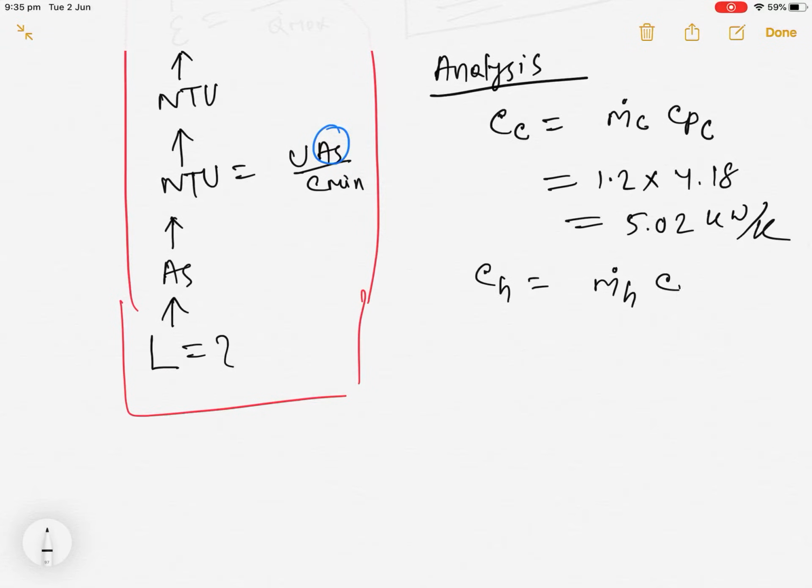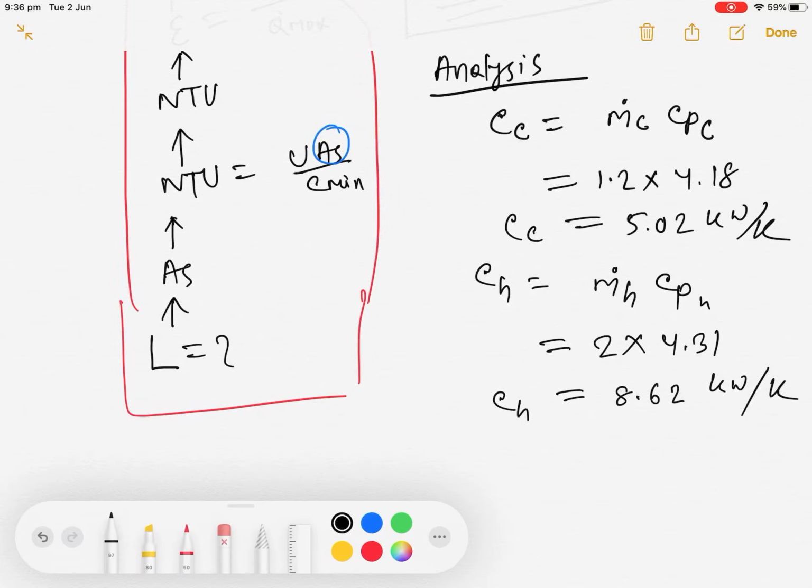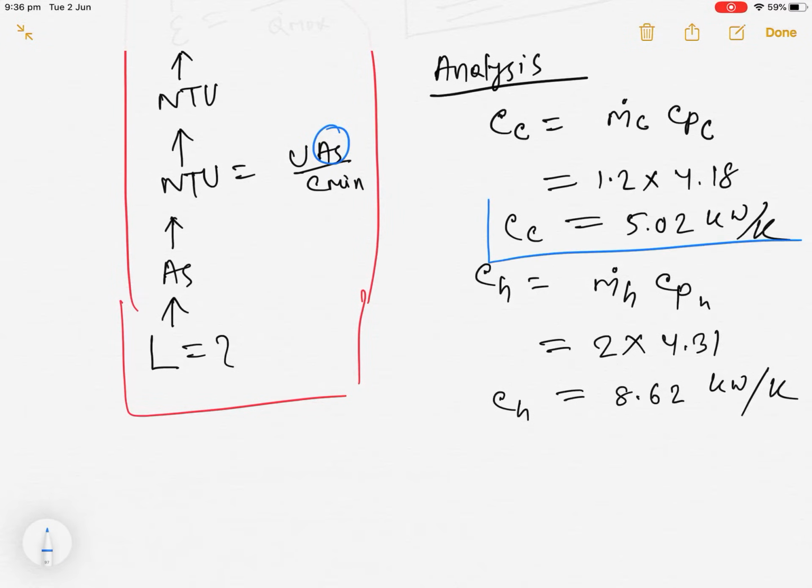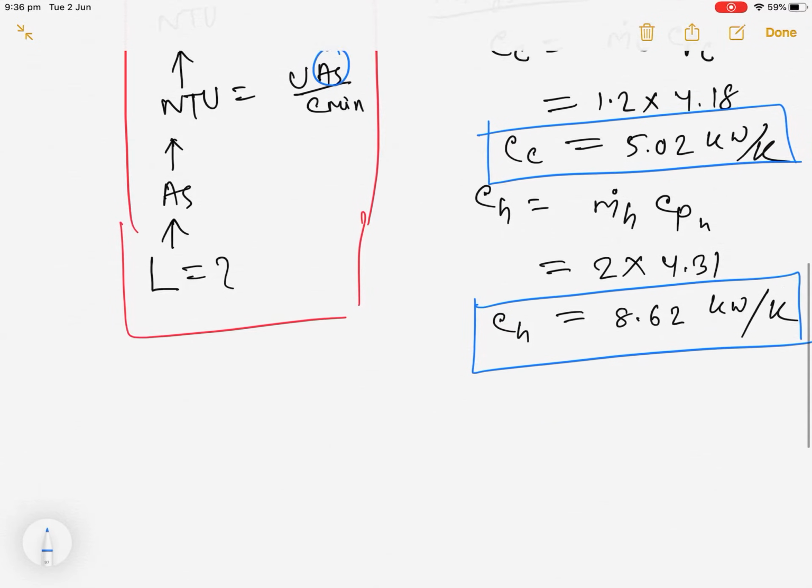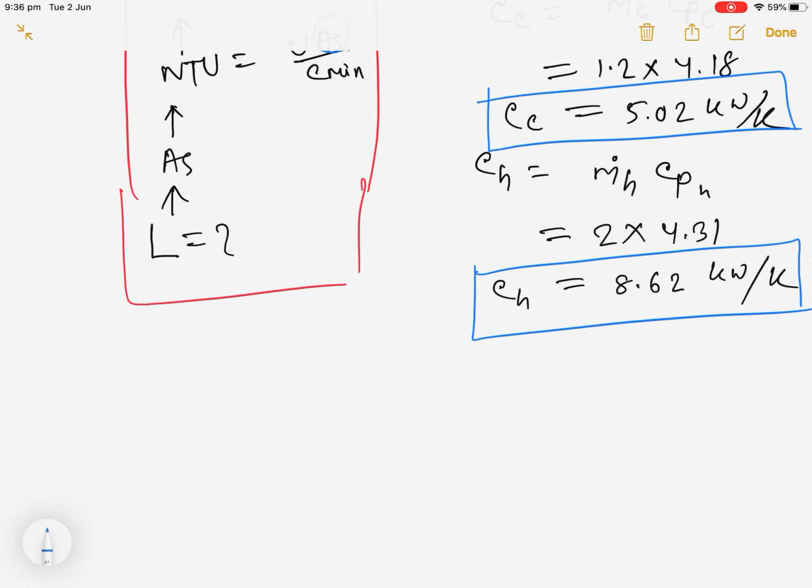And for the hot fluid, it is the mass flow rate of the hot fluid times the specific heat of the hot fluid. So the mass flow rate is 2 and Cp equals 4.31. So it will be 8.62 kilowatt per Kelvin. Okay, so this is Cc and this is Ch. So we got these two values.